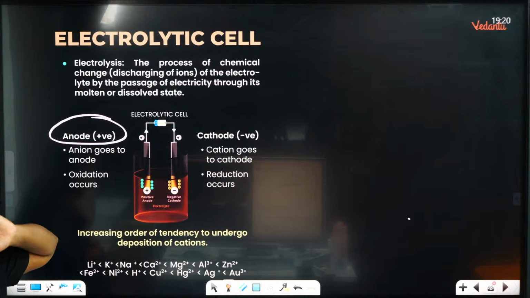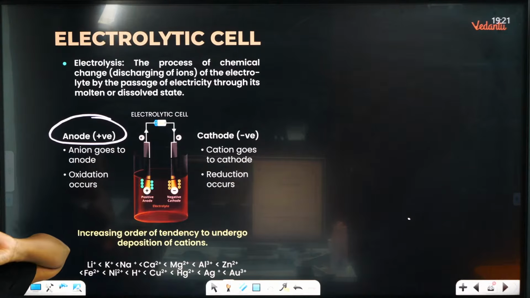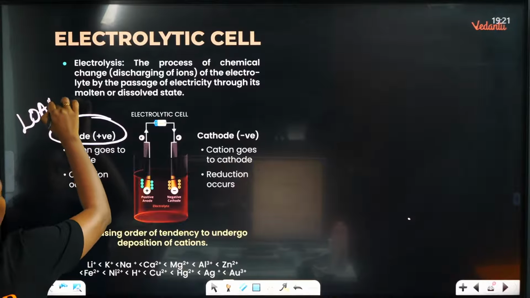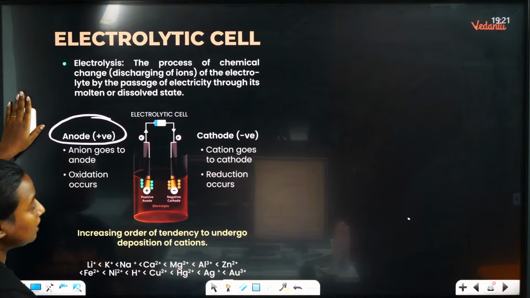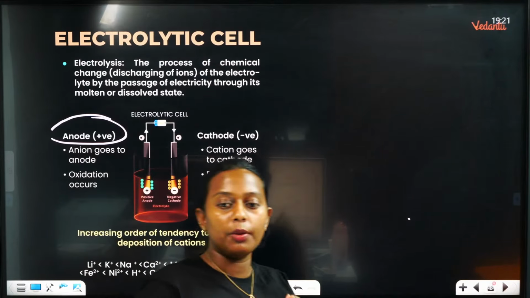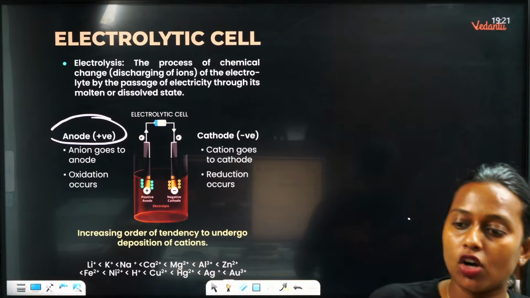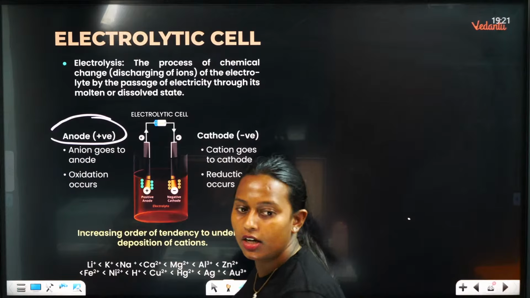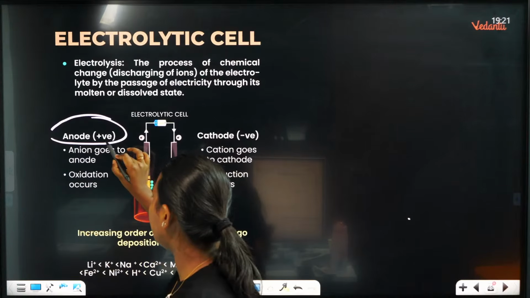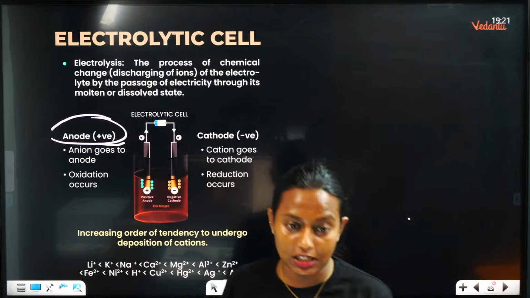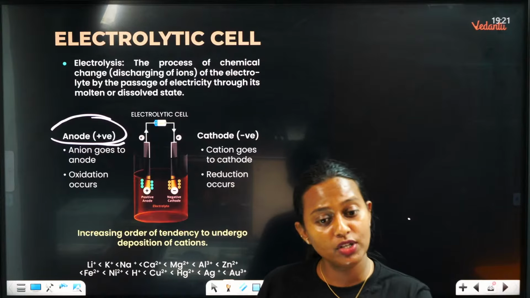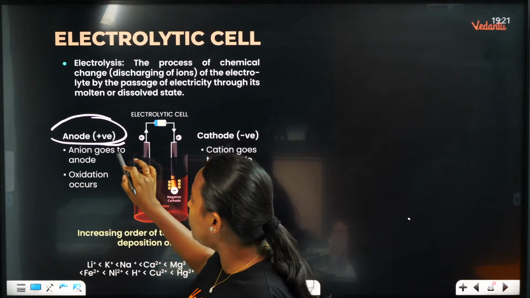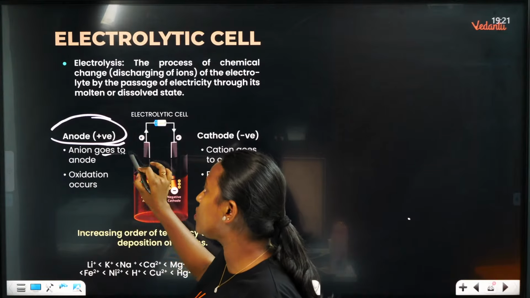Electrochemical cell-la we can use simple LON, left side oxidation, anode negative. Anga anode negative da, inga anode positive. That is the difference. So anion goes to anode.